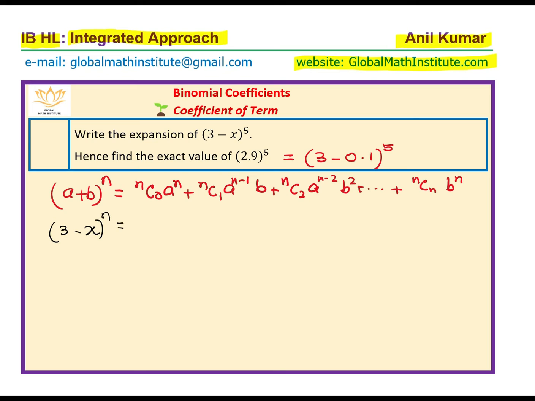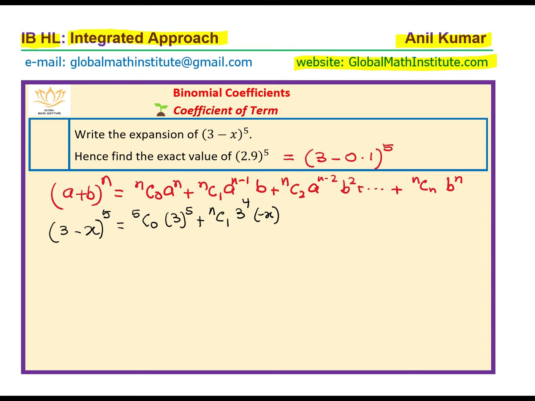Great. So looking into this, n is 5 for us. So let me write 5 here. Okay, 5C0. A for us is 3, so I'll write 3 to the power of 5, plus 5C1, 3 to the power of 1 less than 5, which is 4, and we get minus x.